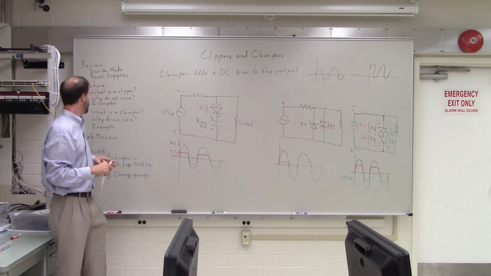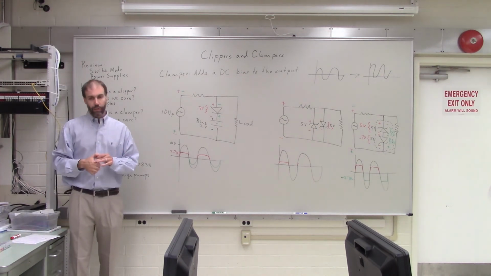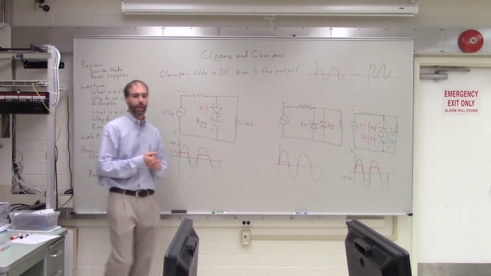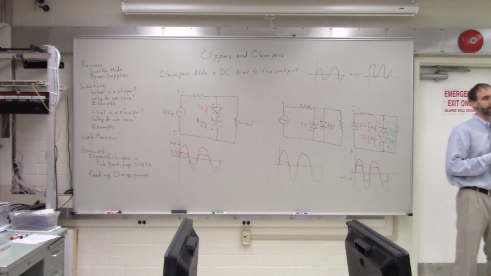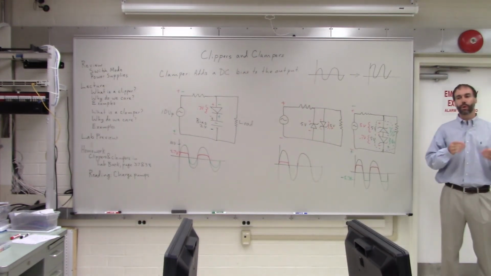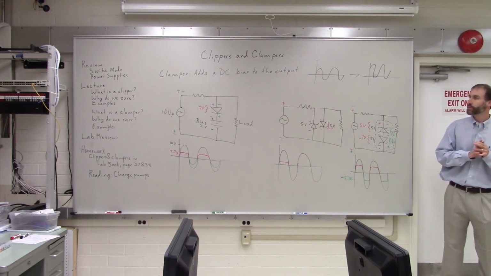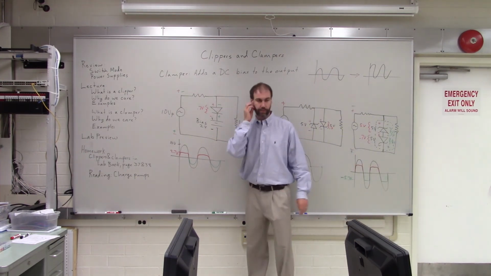You might ask, why do we care? Why is that important? Well, next time we're going to look at a couple types of circuits called charge pumps and voltage multipliers. These take lower voltage signals and boost them up to higher voltage signals. And they are based on clamper circuits.